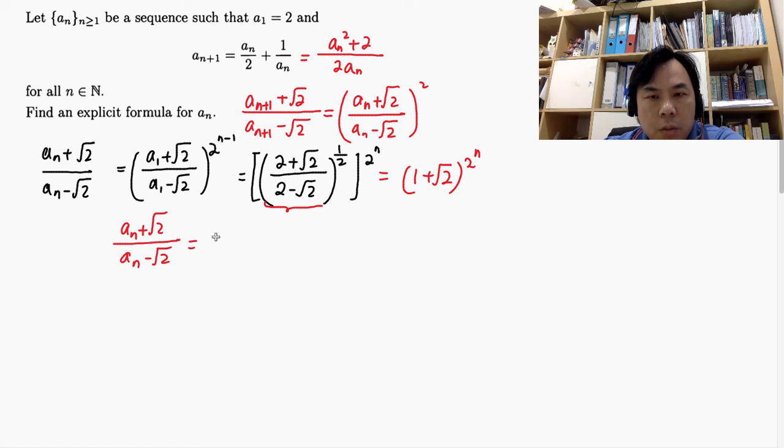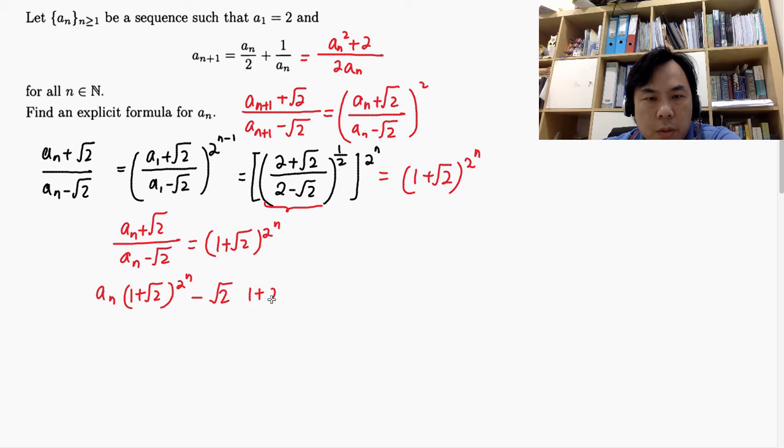This is equal to this one here. Now 1 plus surd 2 raised to the power of 2n here. And then we can manipulate this algebraically. For instance, we can do it this way. Okay, it's rather confusing to write at this point of time.